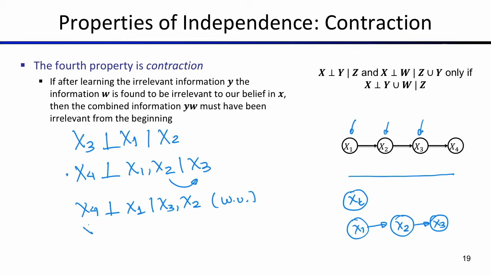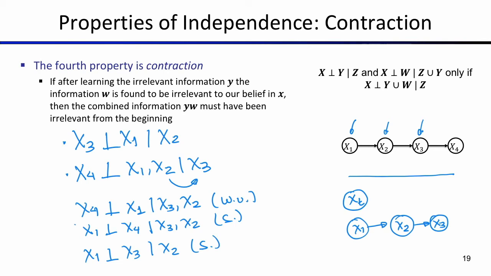So we can get x1 independent of x4 given x3 and x2 by the symmetry property. And we can also invert this one here and have x1 independent of x3 given x2, and also use symmetry from the first independence.